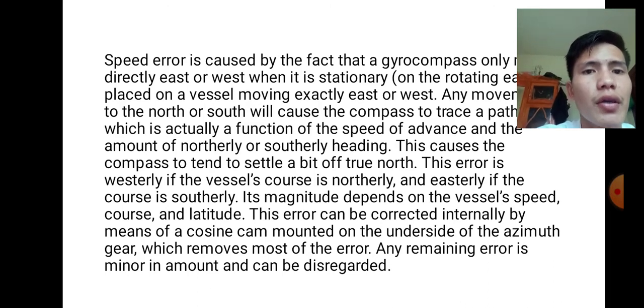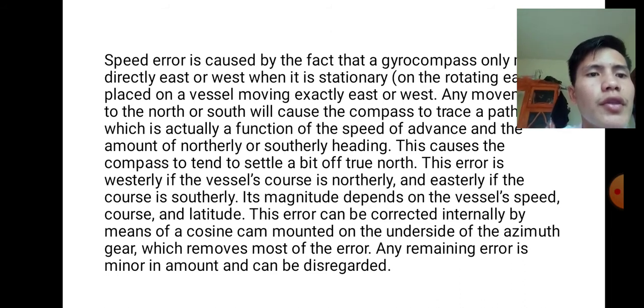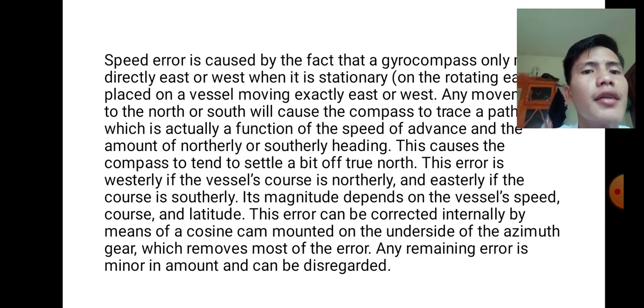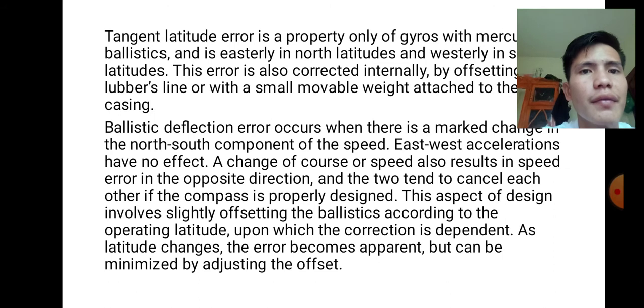This causes the compass to tend to settle a bit off true north. This error can be corrected internally by means of a cosine cam mounted on the underside of the azimuth gear, which removes most of the error. Any remaining error is minor in amount and can be disregarded.